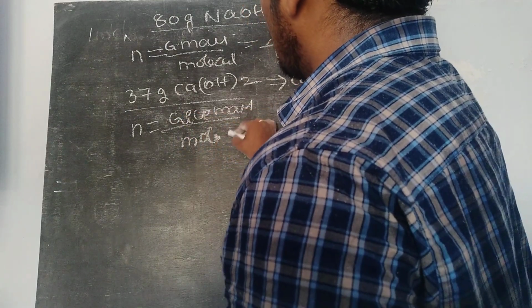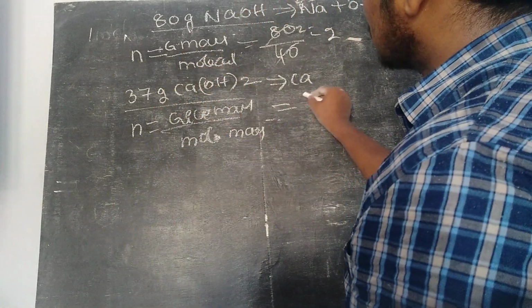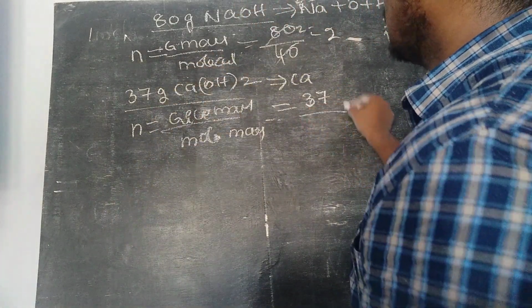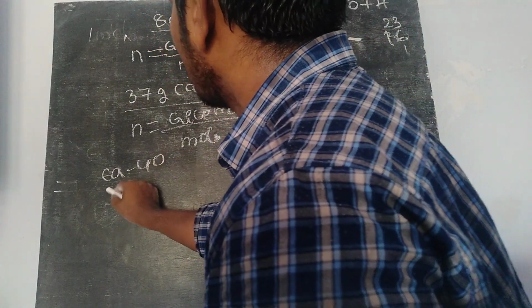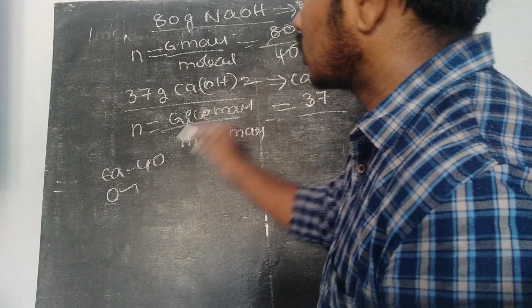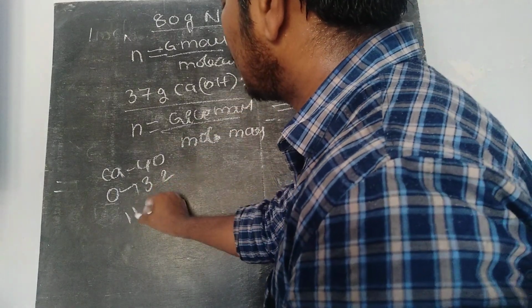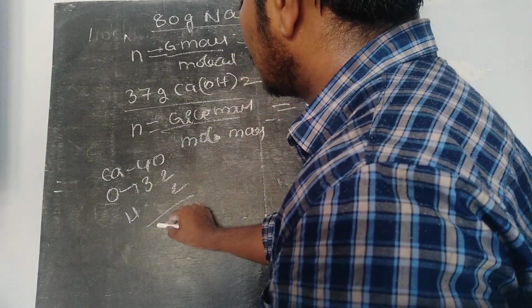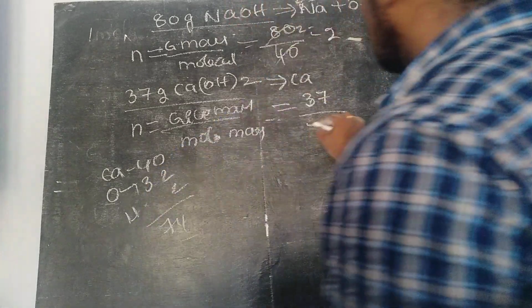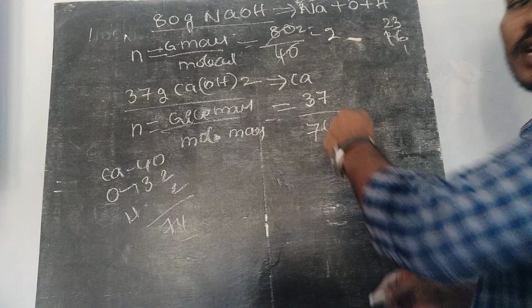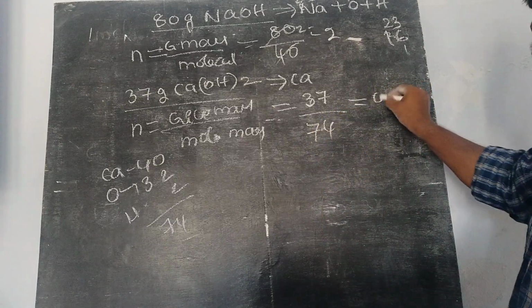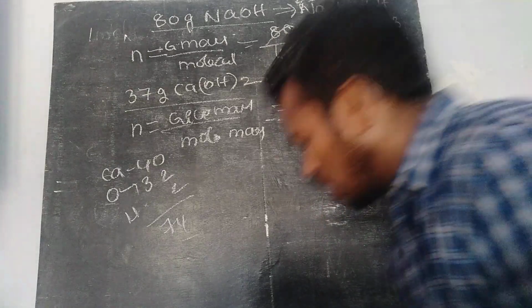The given mass is 37. Calcium is 40, two oxygens is 32, hydrogen is 2, so the molecular mass is 74. So 37 divided by 74 gives 0.5 moles. Like this you have to calculate.